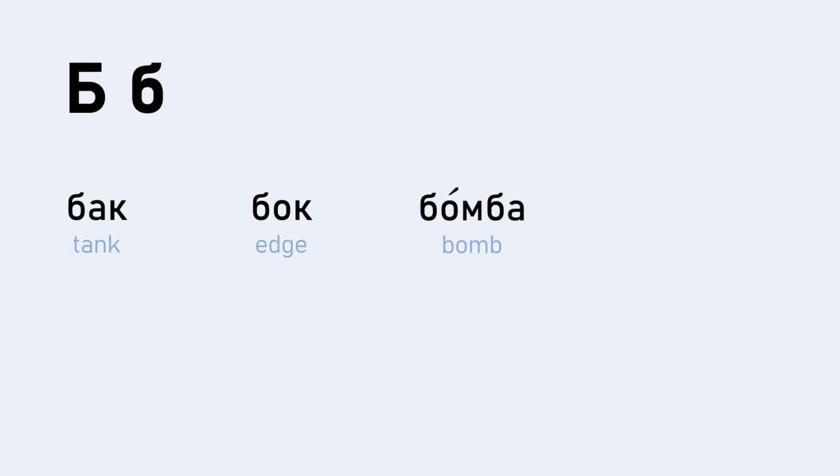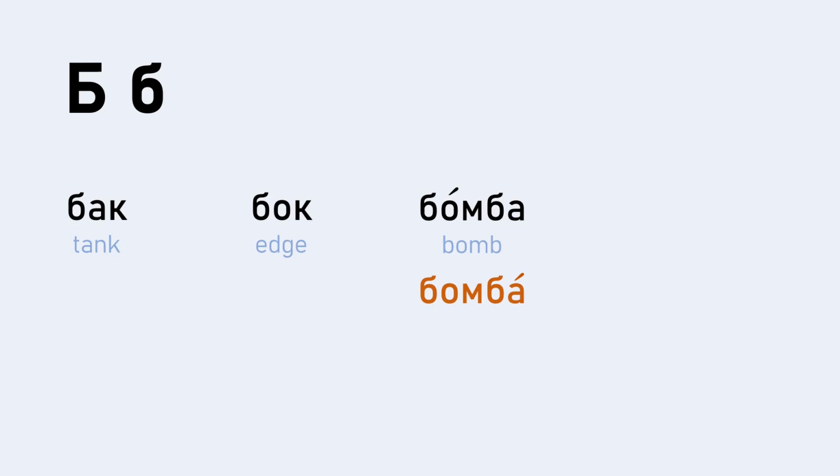Now, thought experiment. What would happen if we were to put the stress on the end? So let's move this accent symbol on the A at the end. How do you think the pronunciation would change? Well, we still have 2 syllables, but because it's the second one that's being stressed now, the first one will, by definition, be unstressed.